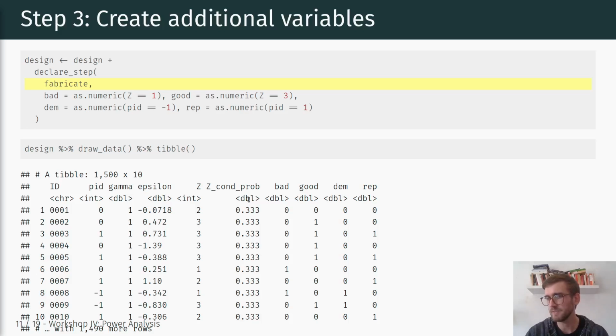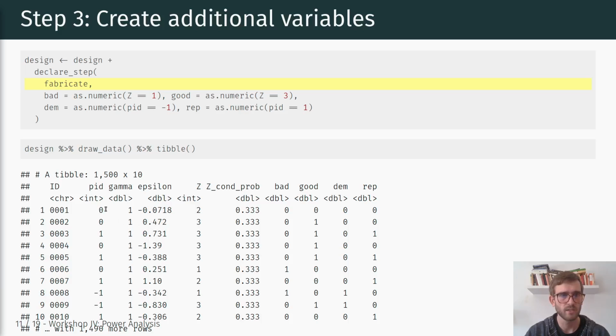So we have the same data frame. Well, different draws, of course. These are different random draws. The numbers here are different, but the structure is the same. We just have additional variables: bad, good, Dem, and Republican for the respective recodings of our treatment assignment variable and our party identification variable, right? And you can go through here.